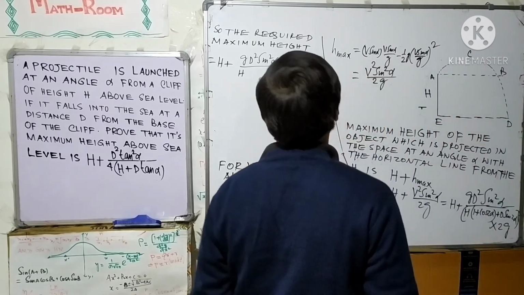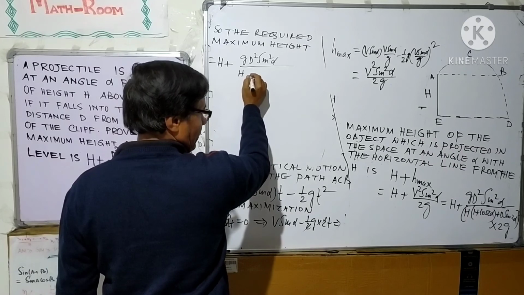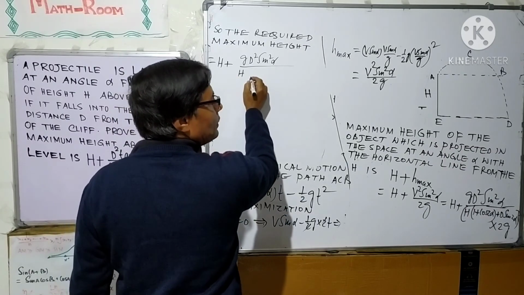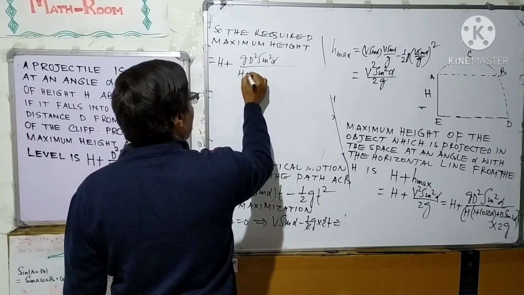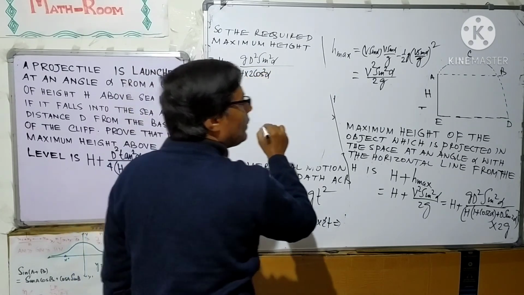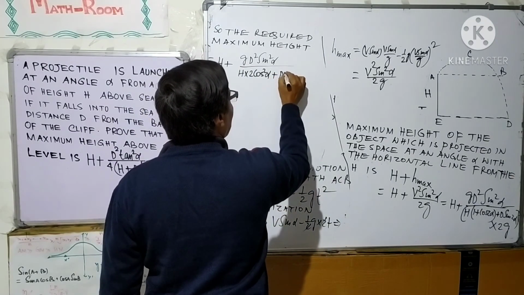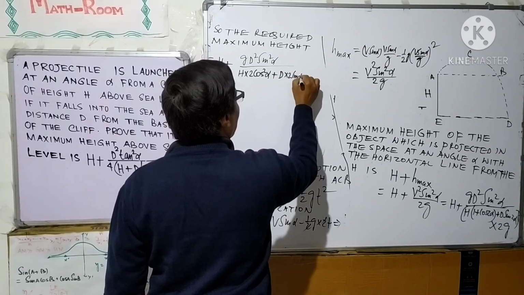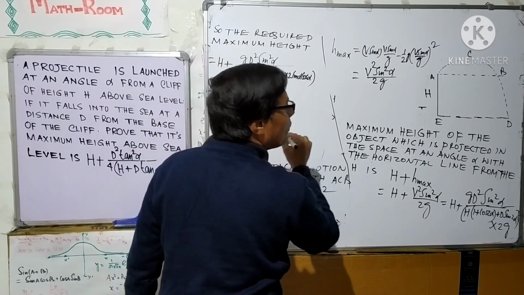Here 1 plus cos 2 alpha is 2 cos square alpha, and sin 2 alpha is 2 sin alpha cos alpha into 2g.